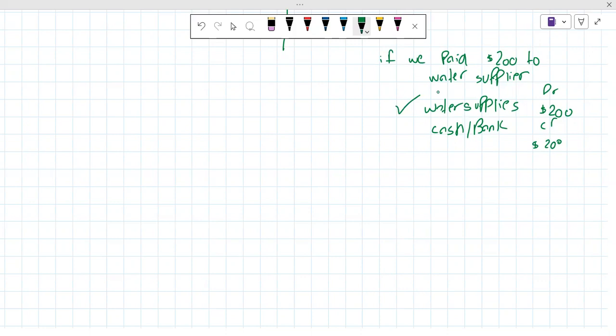Of course, our amount is going outside from the business, so cash and bank would be on the credit side. And water supplies are expense, so it would come under the debit side.